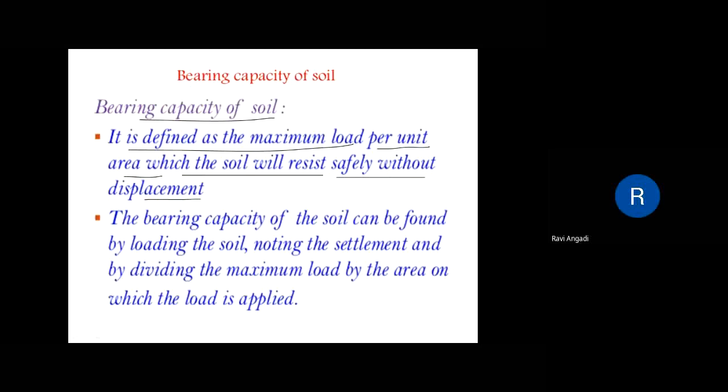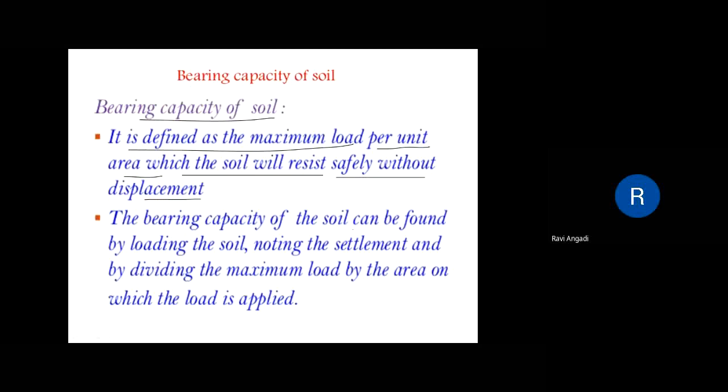As I said previously, the bearing capacity means the supporting power of a soil or rock. Here it is defined as the maximum load per unit area which the soil will resist safely without any displacement, damage or settlement.